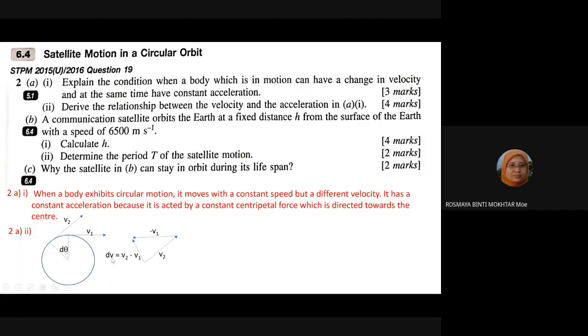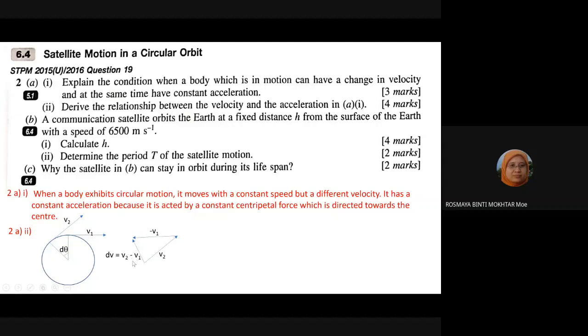For a small angle, as an approximation for the mathematical solution later, we use d. So dV equals V2 minus V1. This is the change in velocity. Now we are going to relate this change in velocity with the acceleration, because acceleration is change in velocity per time, or in another word, the rate of change of velocity. So we have the change in velocity already.